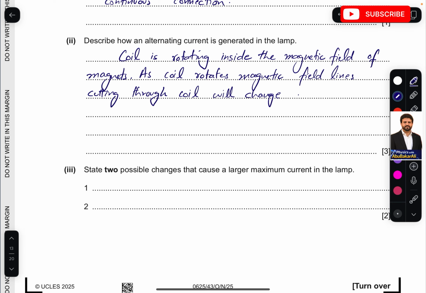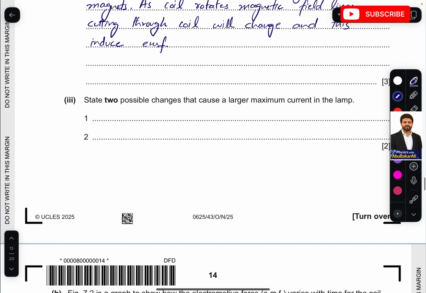And this induces EMF, simply. Okay. State 2 possible changes that cause a larger maximum current in the lamp. Okay, so what we can do, we can increase the speed of rotation. We were talking about the coil here.